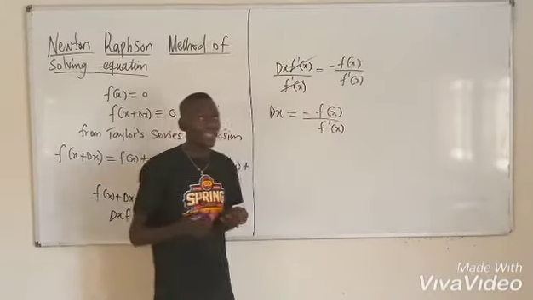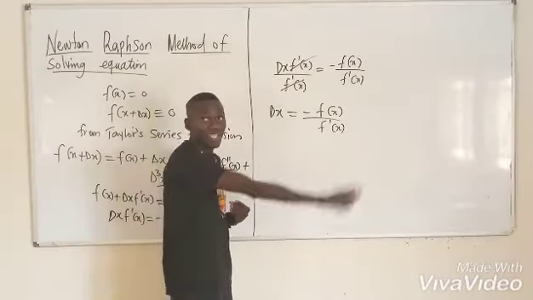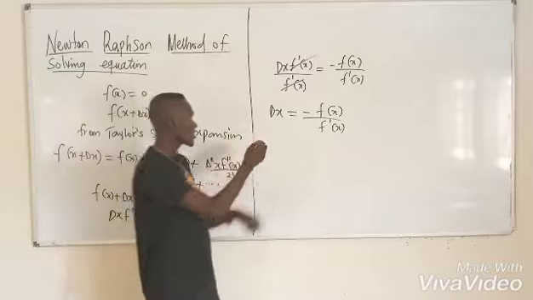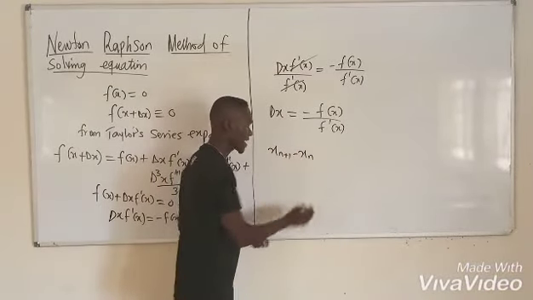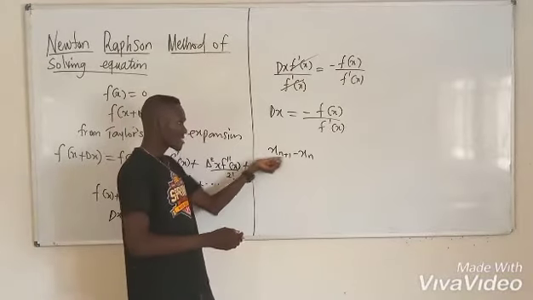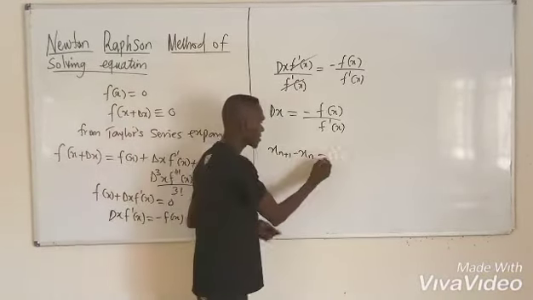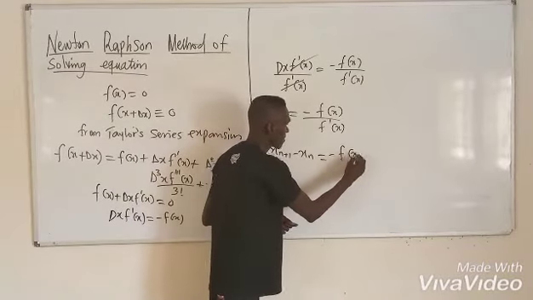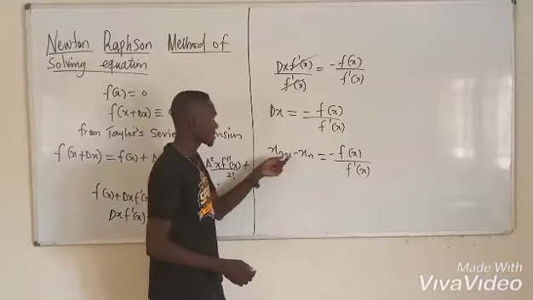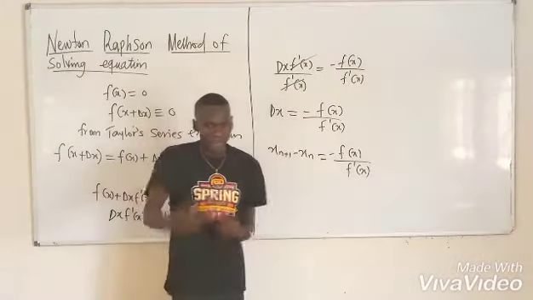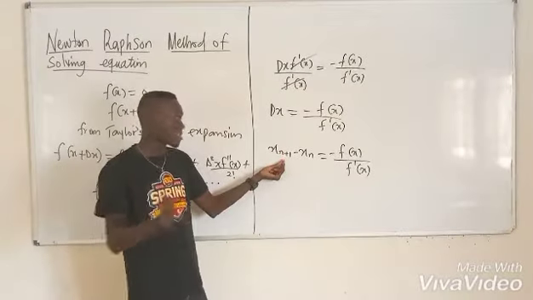And from here, when we say change in x, it means final x minus initial x. So I can just call this x sub n plus 1 minus x sub n, because this is the last stage minus the initial. Now this is equal to minus f of x over f prime of x. From here we are trying to get the value of the final x. So we make x sub n plus 1 the subject of the formula.